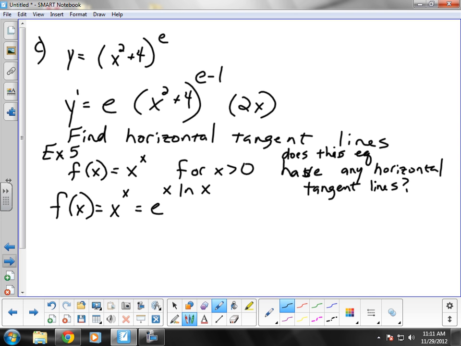Okay? Do you want me to go through the process of how that came from? Okay. X to the x can be rewritten as e to the ln of x to the x, right? And then I can bring that x down in front, so it becomes e to the x times the ln of x. Yes, because e is just a number. All right?